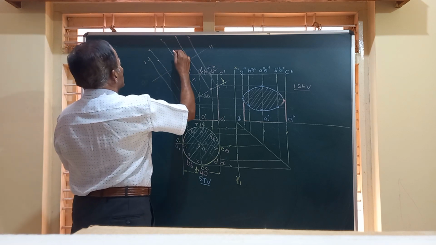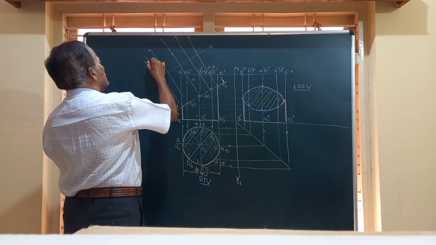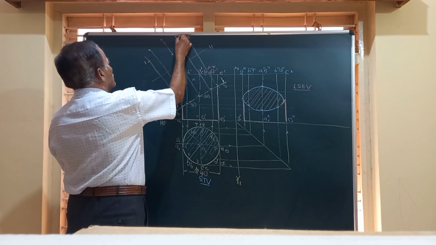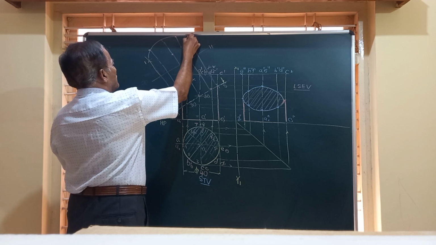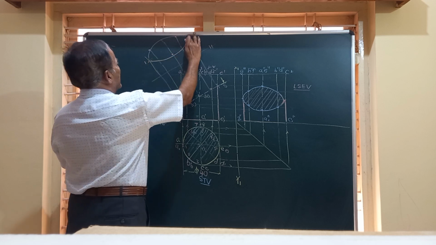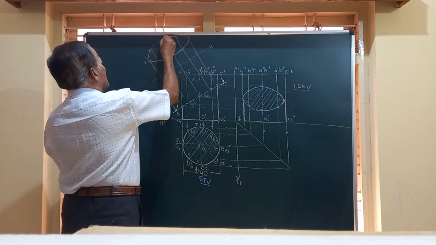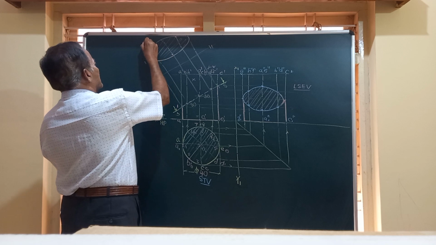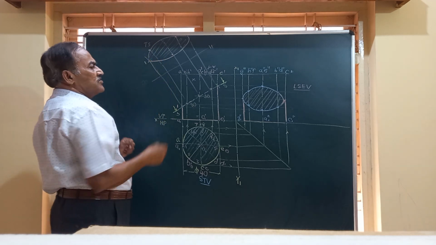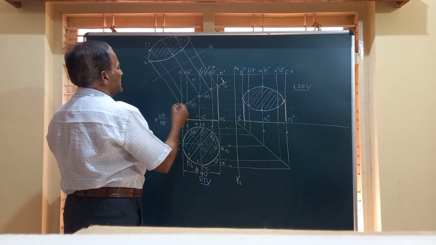So join all these points by a smooth continuous curve to obtain the true shape of the cylinder, which is going to be an ellipse. So this is how we mark this, and we can say this is the true shape of the object. I will say true shape. And they have given clearly in the question, it is an ellipse having major dia.